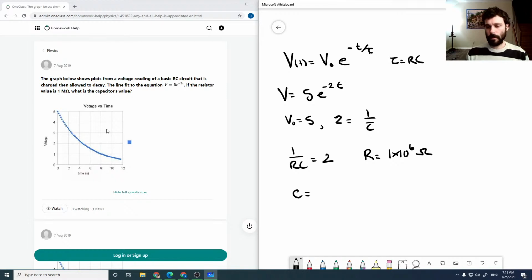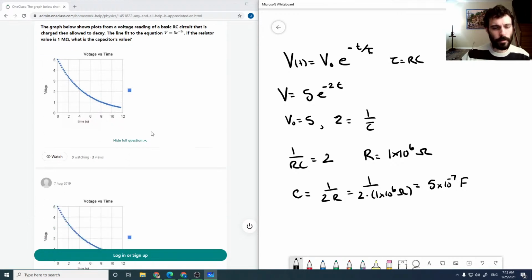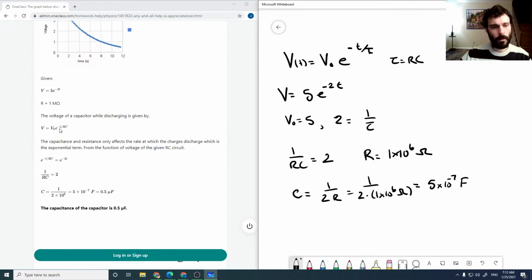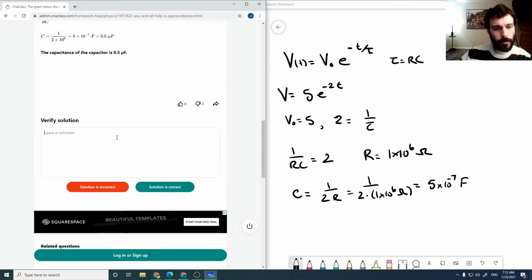So the capacitance is 1 over 2R, which is 1 over 2 times 1 times 10 to the 6 ohms, which comes out to be 5 times 10 to the minus 7 farads. If we check the solution, we compare it to this function and get 5 times 10 to the minus 7, or 0.5 microfarads. So that looks good.